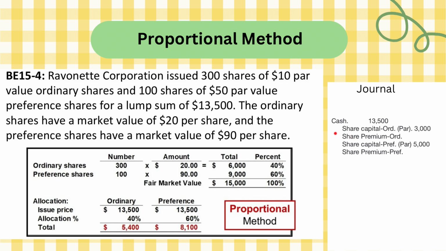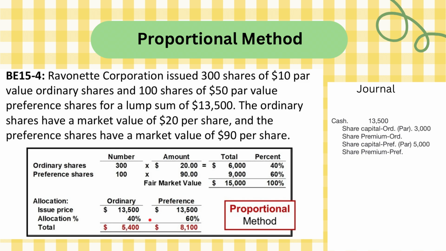So 40% of the 13,500 will go to the ordinary shares, and 60% of the 13,500 will go to the preference. So 13,500 times 40% is 5,400. 13,500 times 60% is going to be 8,100. So what should I do now?